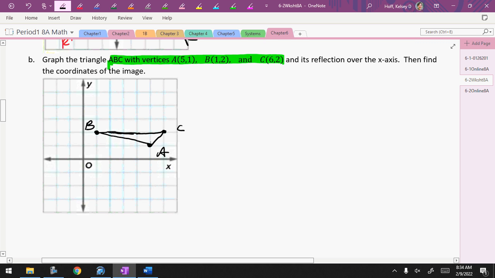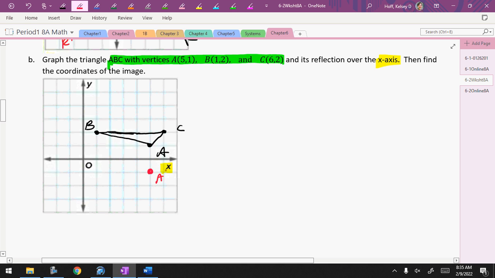Okay. Now you got to read. Which axis are we going over? X. This one's different than the last one we've done, right? So now we got to talk about how many steps away the points are from that x-axis. So A, how many steps away from the x-axis is it? 1 step. It's 1 step above, so we need to go 1 step below.